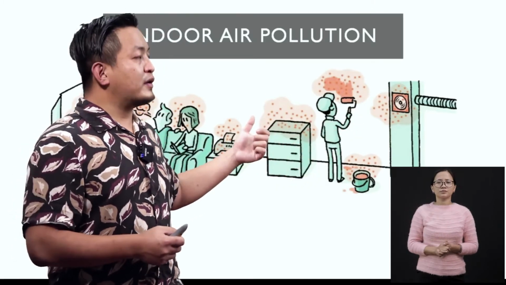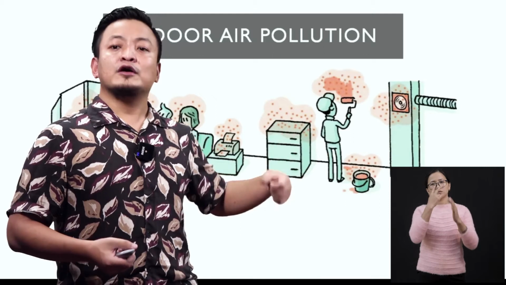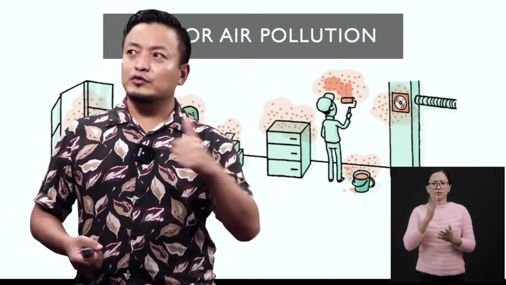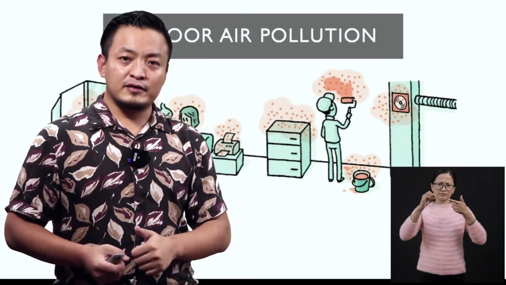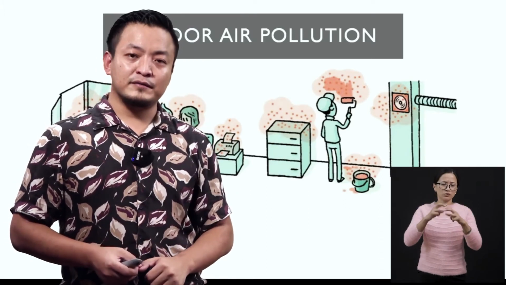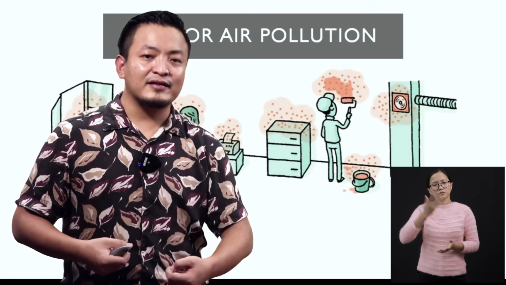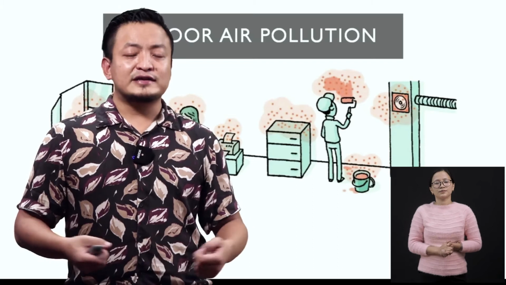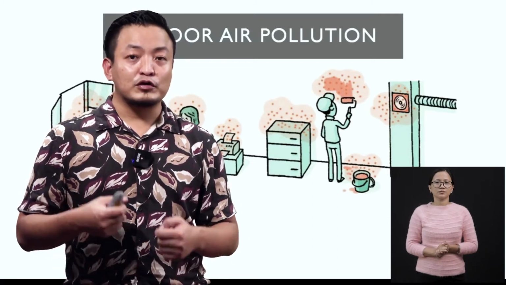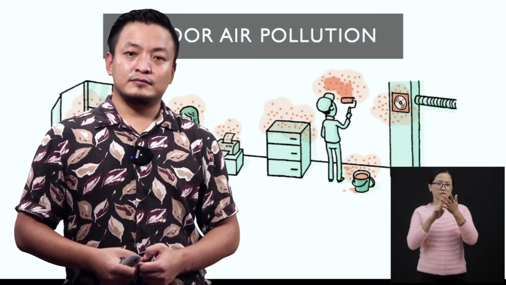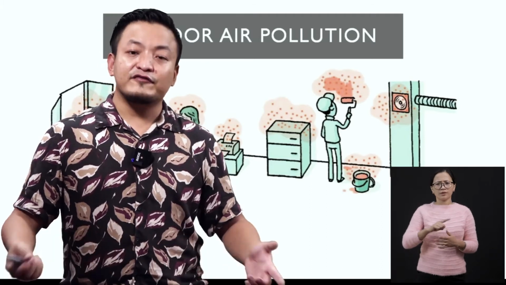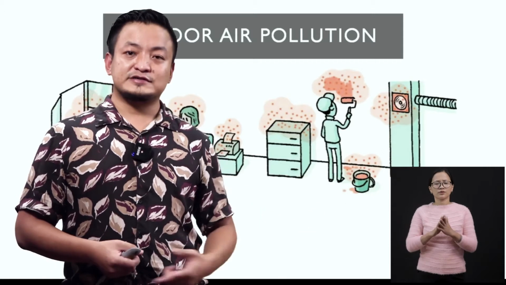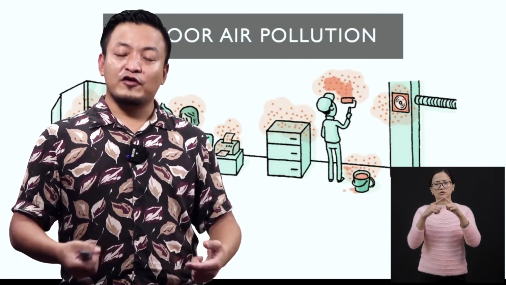But in order to make our house look good, we have to paint, right? But when we do that, we get this very strong smell, which when we inhale, it is difficult for us to breathe, right? So that is also an example of pollution. So pollution, it is everywhere. It's indoors, at home, at factories, at forests.